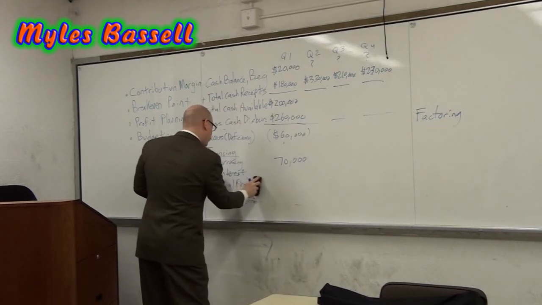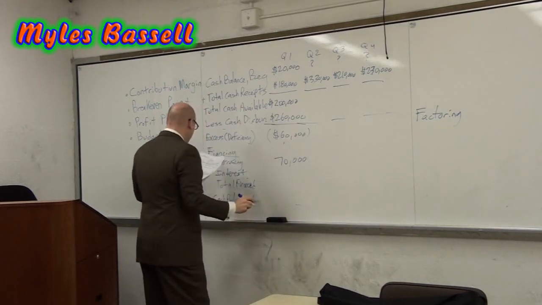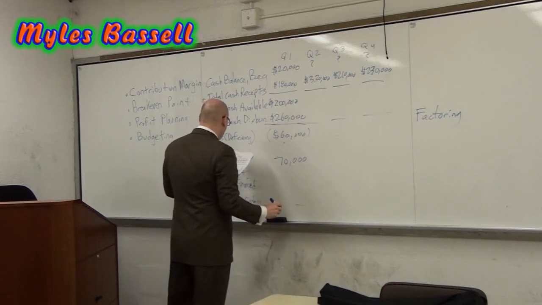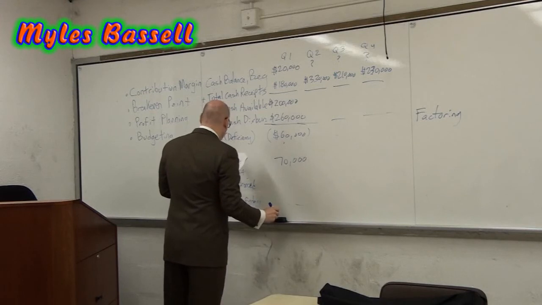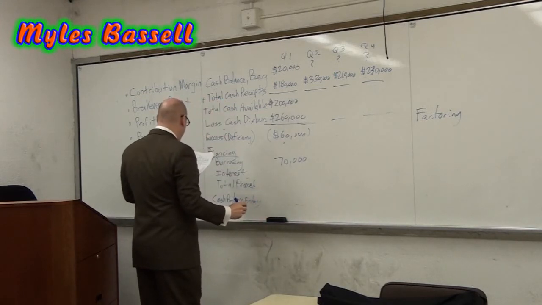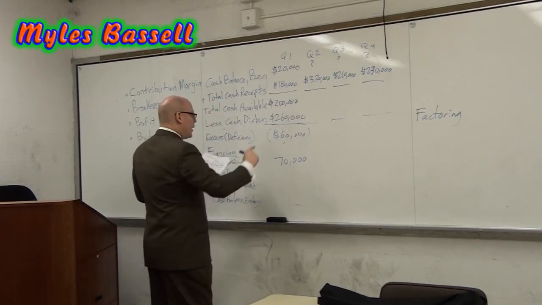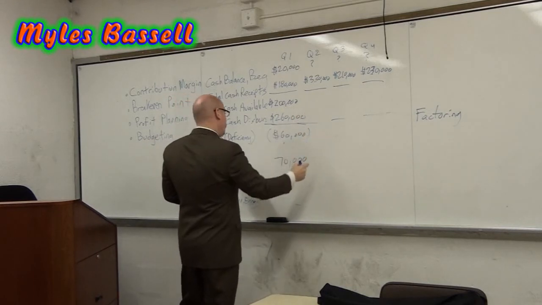And then what is the interest rate that we're paying? 3%. All right, so we're going to pay that at the beginning of the period, though, right? So we're going to pay that in quarter 2.